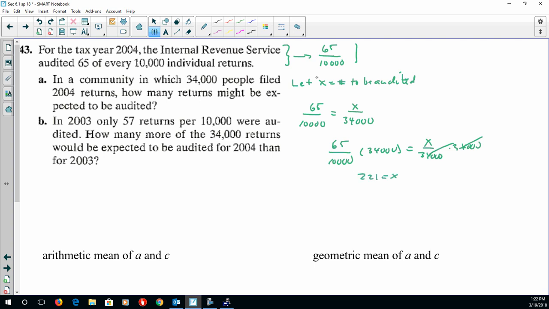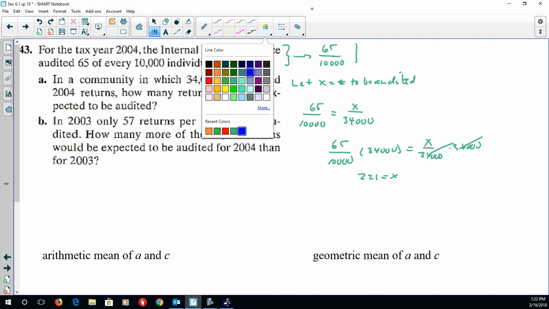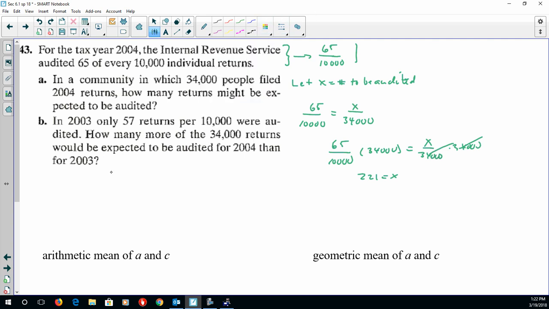Okay. Now, let's see what happened in 2003. In 2003, only 57 returns per 10,000 were audited. How many more of the 34,000 returns would be expected to be audited for 2004 than for 2003?